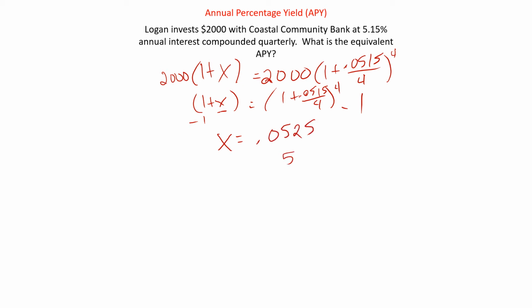So a 5.25% annual interest compounded once will give the same APY.